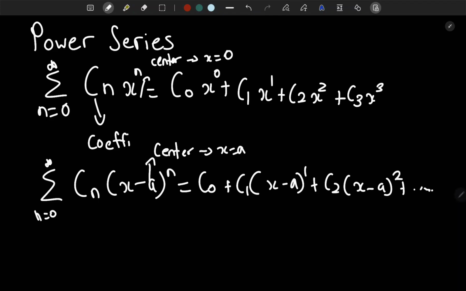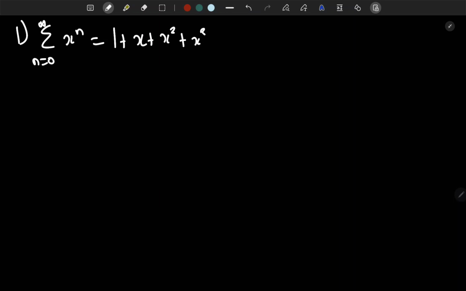So now let's start with a simple example. So question 1, we have a series of x to the power of n, and n here is equal to 0 all the way to infinity. And if we expand this, it's going to look like 1 plus x plus x squared plus x cubed plus, and so on.